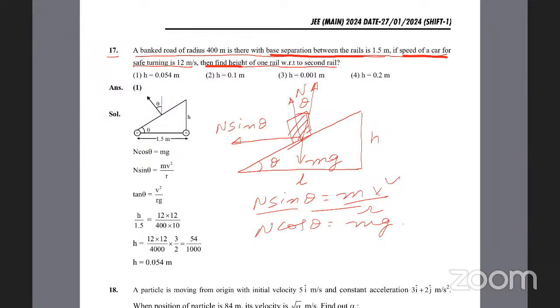When you take the ratio, we get the banking angle, and approximately tan theta is equal to h by l. So from that you can estimate the h value. So tan theta is equal to v squared by rg, which is approximately equal to h by l.